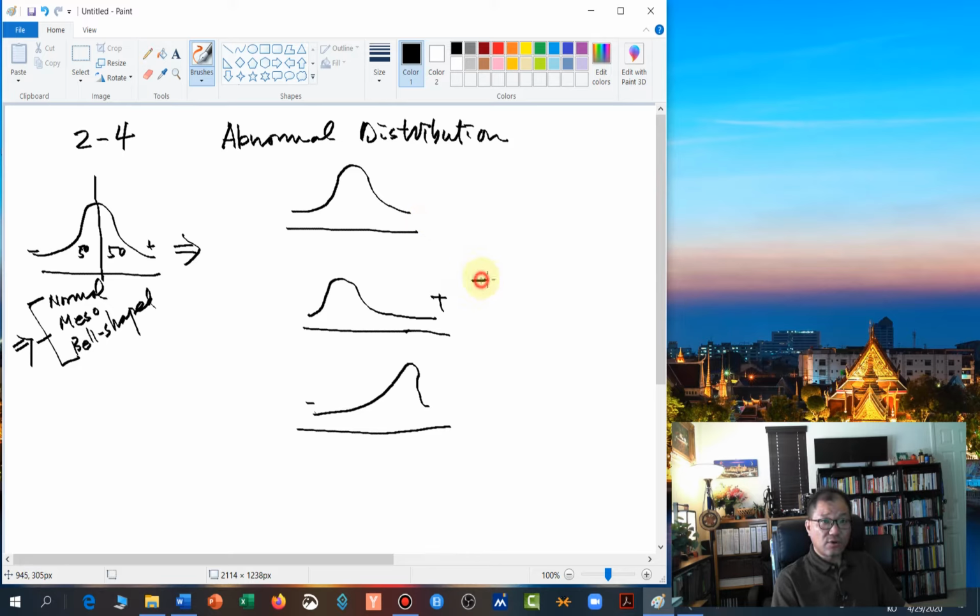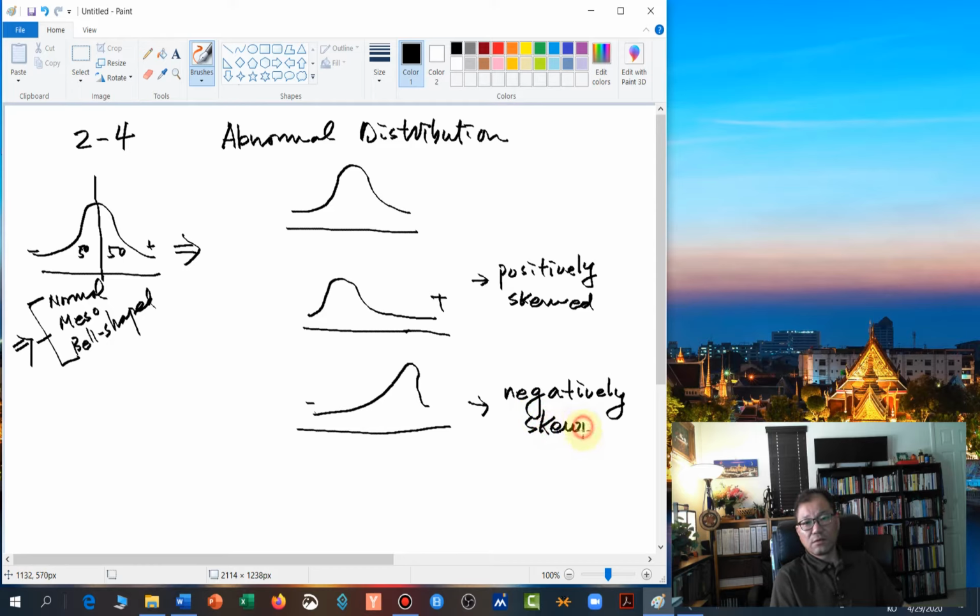Okay, this is called positive skewness. This is called negatively skewed.